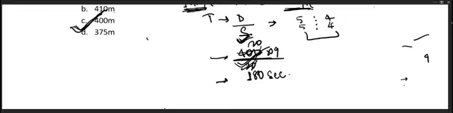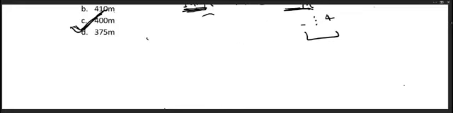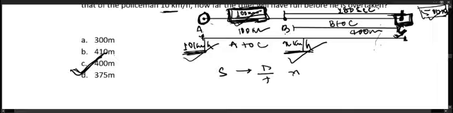Now if we are asked to find the speed of, let's say, the thief. Here we have been given 10 km per hour as the speed of police and x km per hour as the speed of thief. So we know speed is equal to distance upon time.